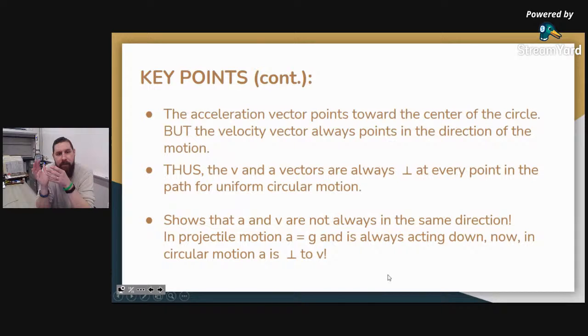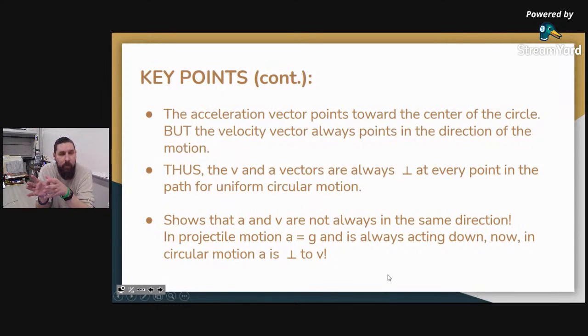Right? In projectile motion, if you've watched that video, we launch something along an arc, along a projectile path. And even though I've got a velocity that's in the y component and the x component as it's moving along that projectile path, acceleration due to gravity is always pointed downwards.